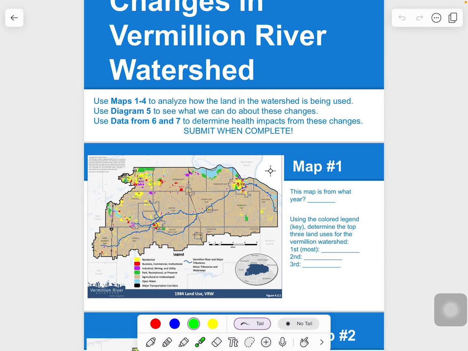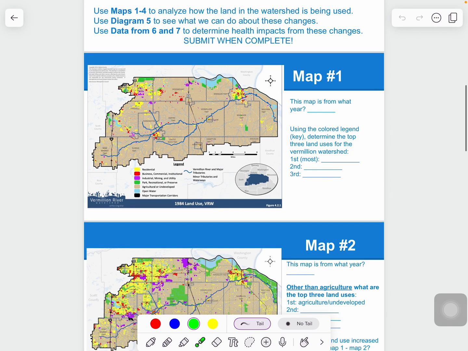So map 1, this is from 1984, so you can start out your year, 1984. And these first couple, we're just looking at the colored key or the legend. So we're trying to figure out what are the top 3 land uses. So we're looking for the color that is most prominent. Now, obviously, there's quite a bit of brown.